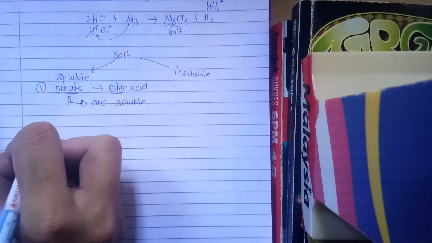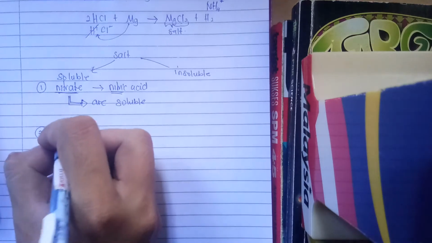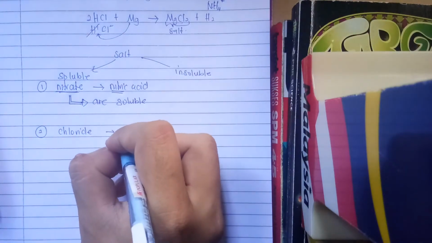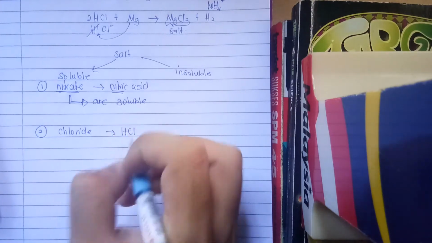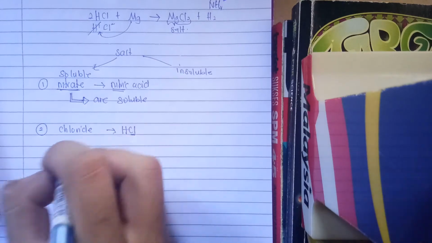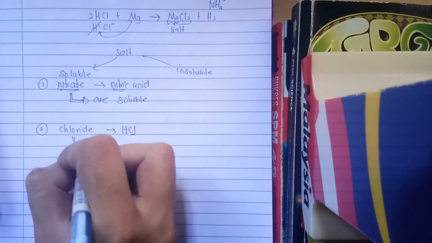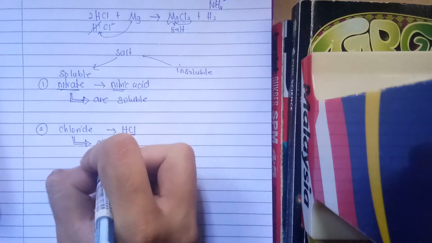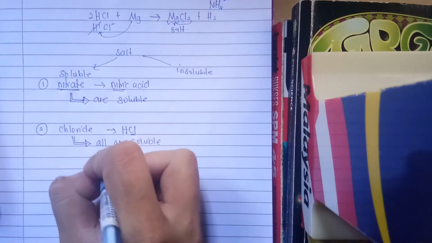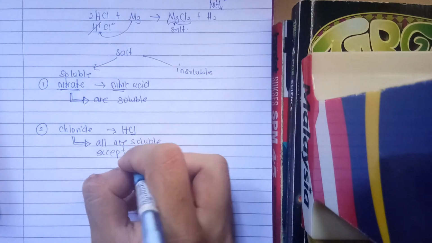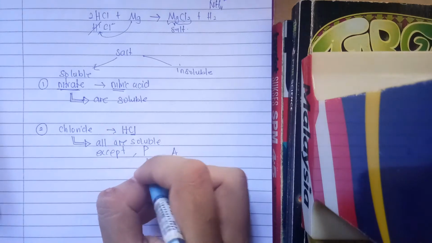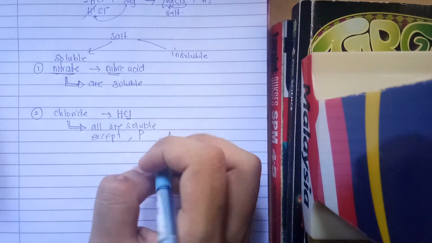Okay, for the second one, you will get the chloride salt. Chloride salt you get from hydrochloric acid, of course, this chloride ion. So all chloride salts are also soluble, all are soluble except PA, personal assistant. How do you memorize? You memorize it as personal assistant.